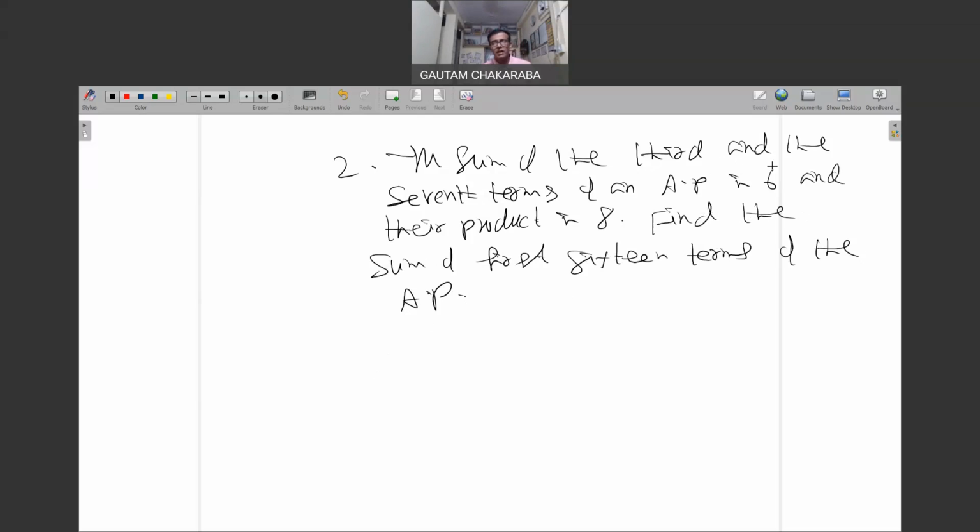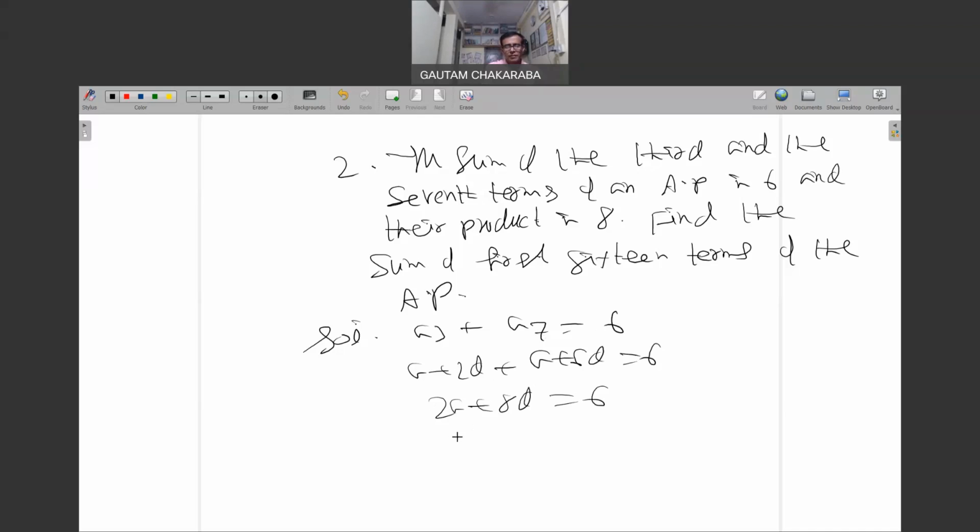The sum of the third term and the seventh term: A3 plus A7 is equal to 6. A3 means A plus 2D, A7 means A plus 6D, is equal to 6. So 2A plus 8D is equal to 6, divided by 2, A plus 4D is equal to 3.